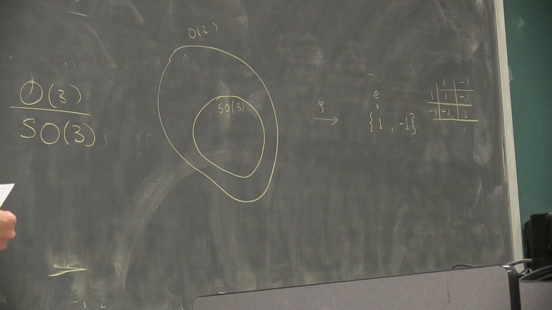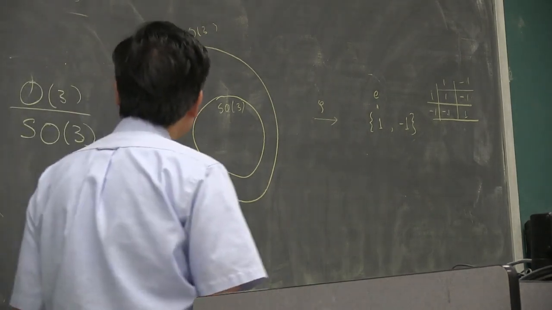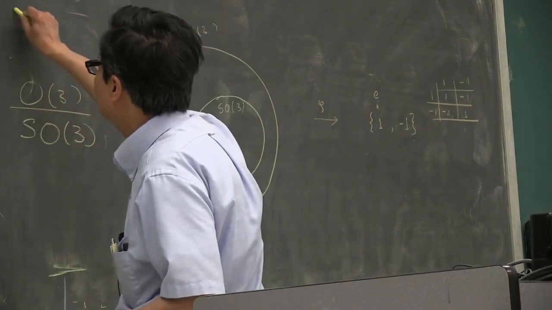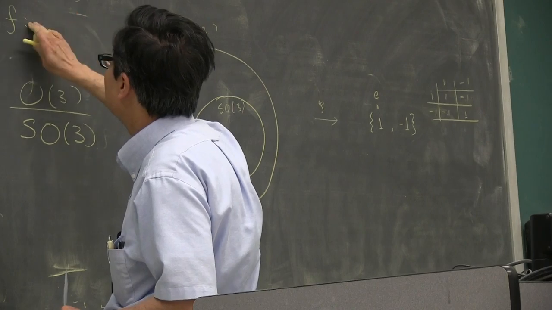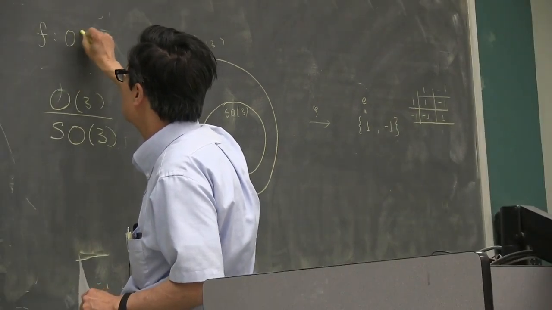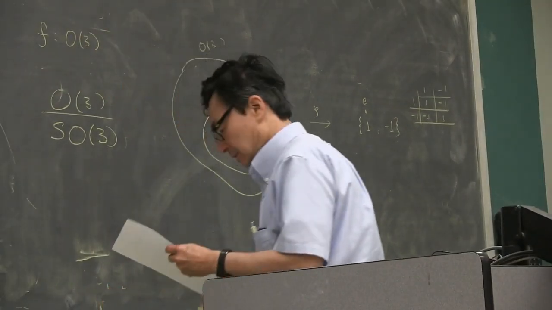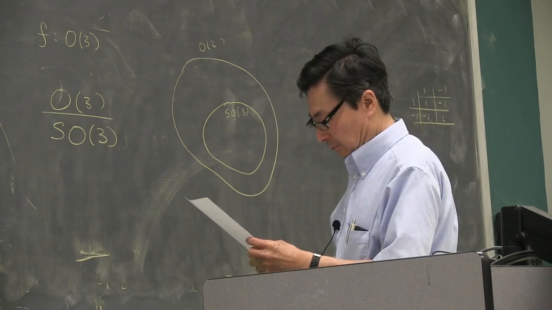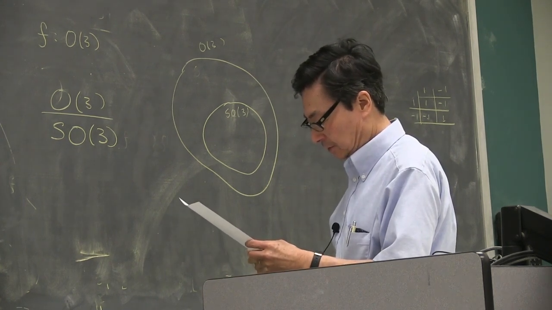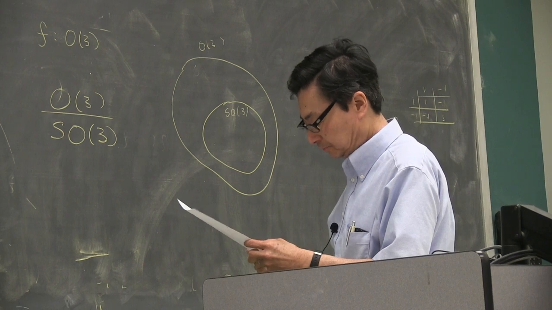Now, what is the original group homomorphism, F, in this case? Our construction says that you begin with a homomorphism which maps O3 to this dihedral group Z2.